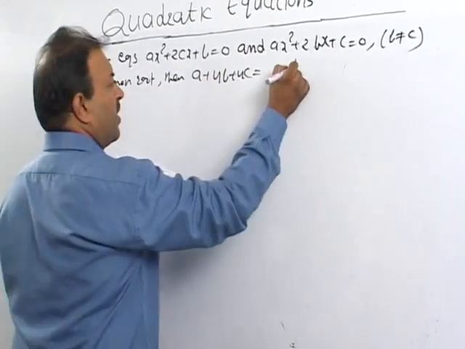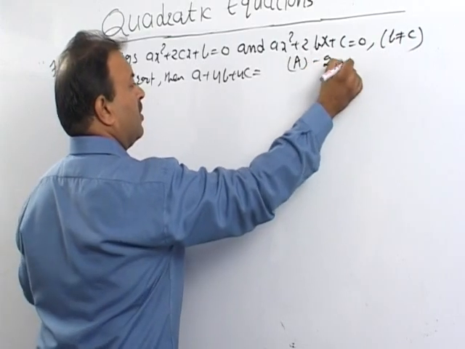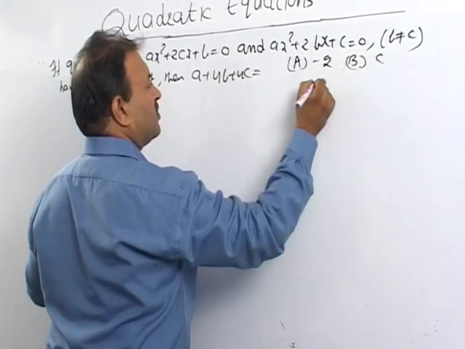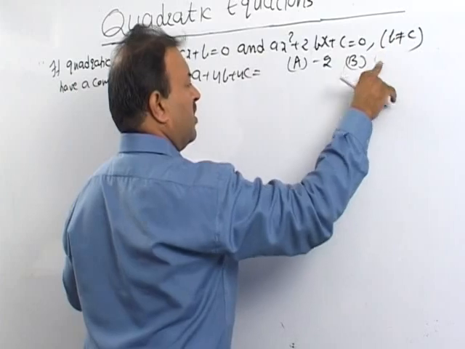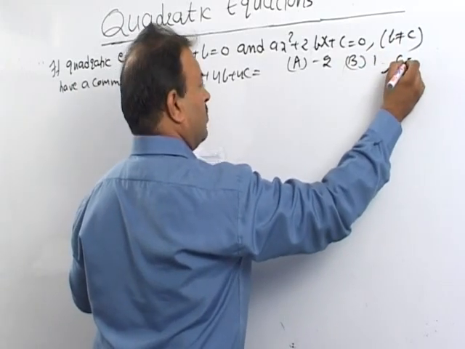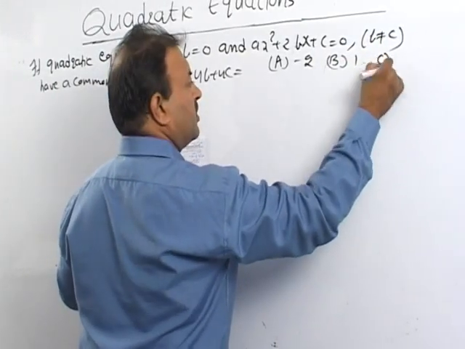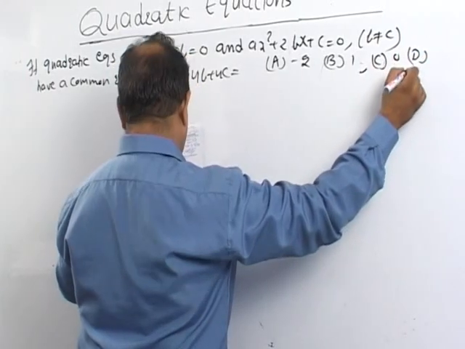The four options given are: a option minus 2, b option 1, c option 0, and d option 1.